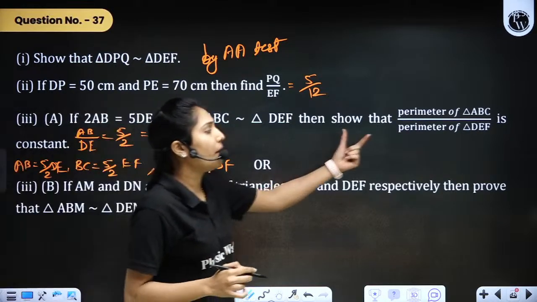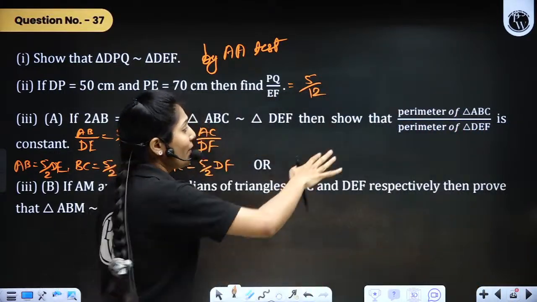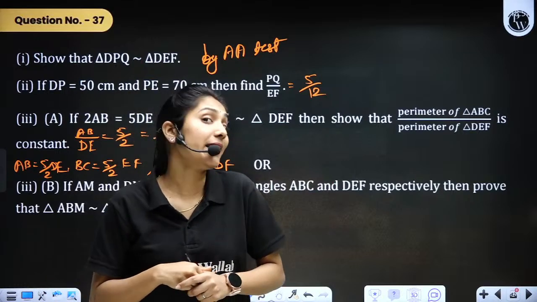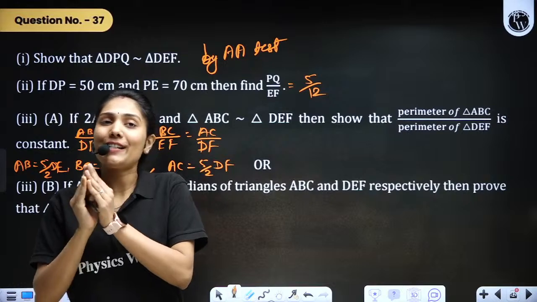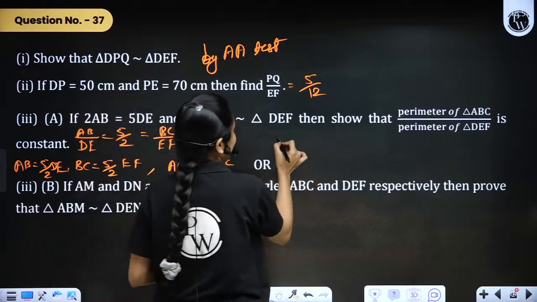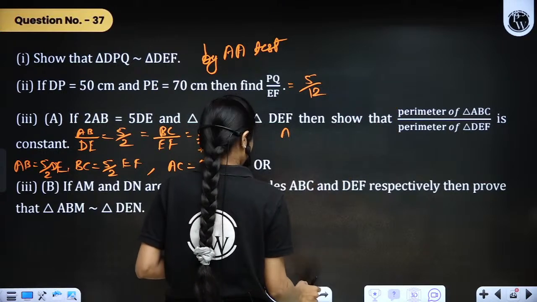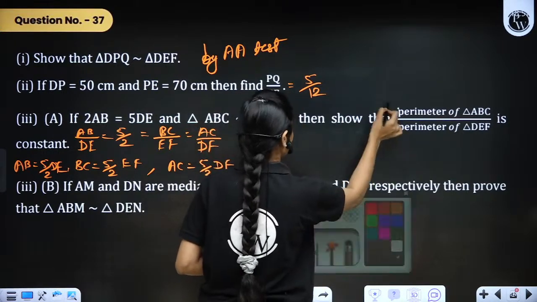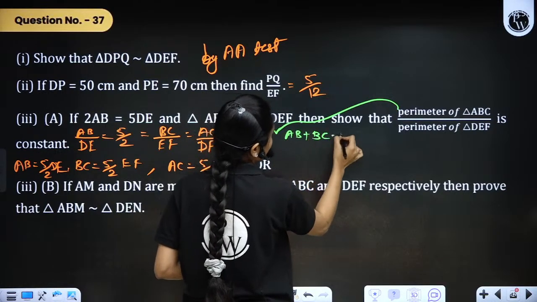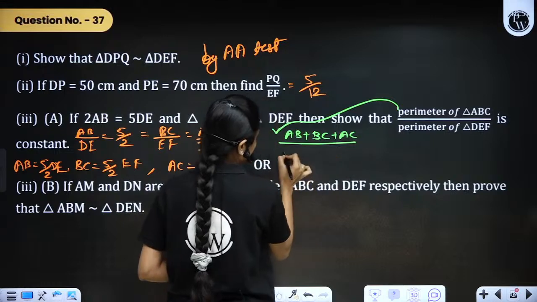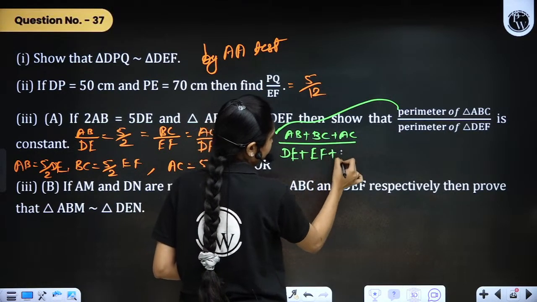Now coming towards the perimeter. What does the perimeter indicate? It is just the sum of the sides of a triangle. So it's AB plus BC plus AC upon DE plus EF plus DF.